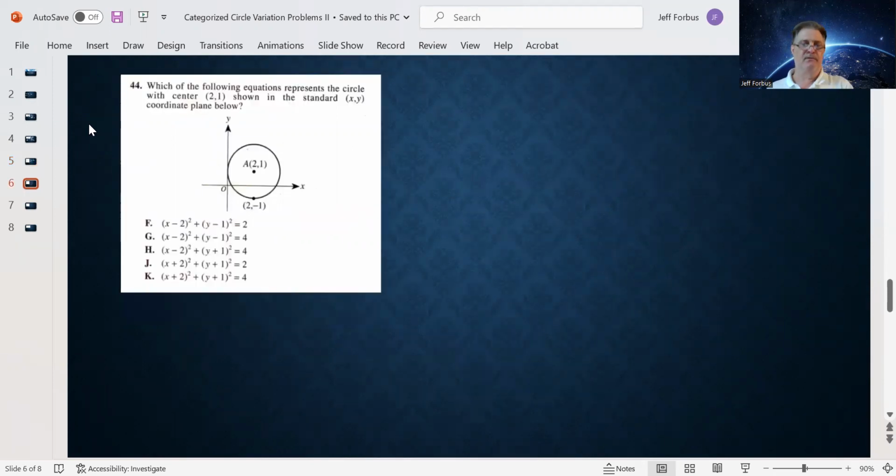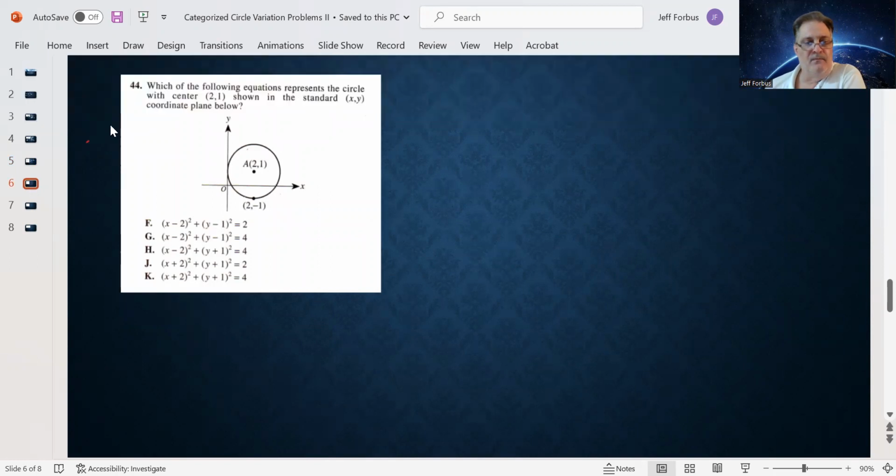Now this one, we have a circle that's offset here, and a portion is below the x-axis. And notice they've identified the center as being 2, 1. And they want us to pick the equation again. So let me draw on this.